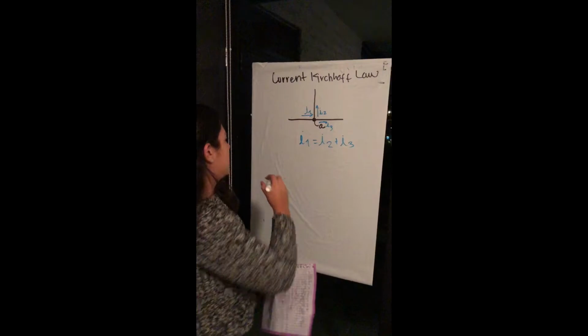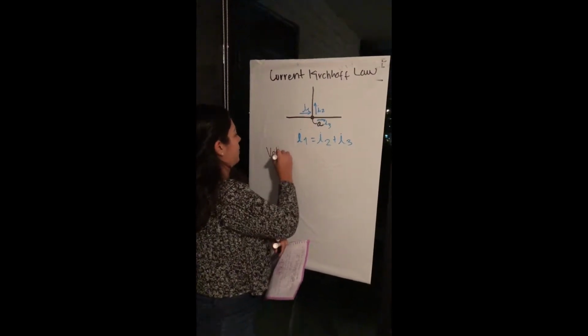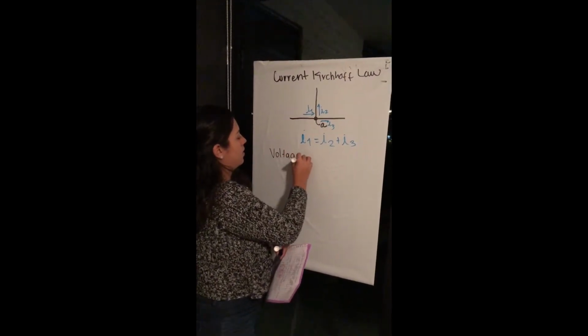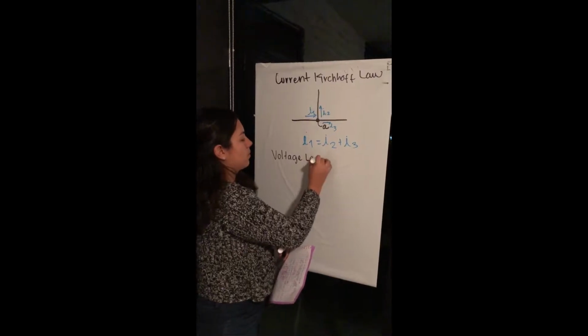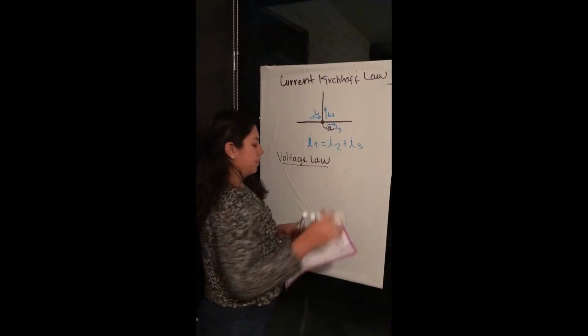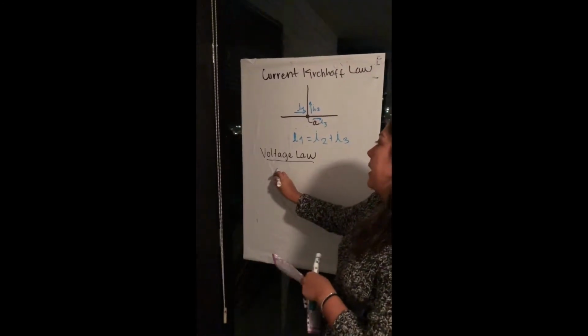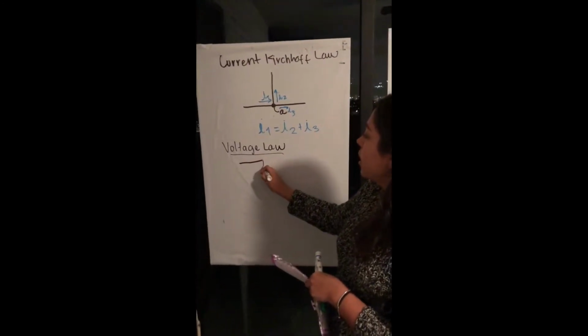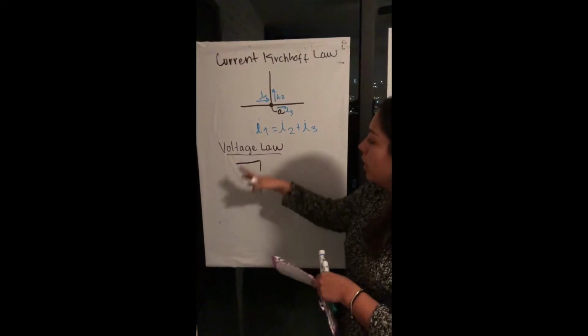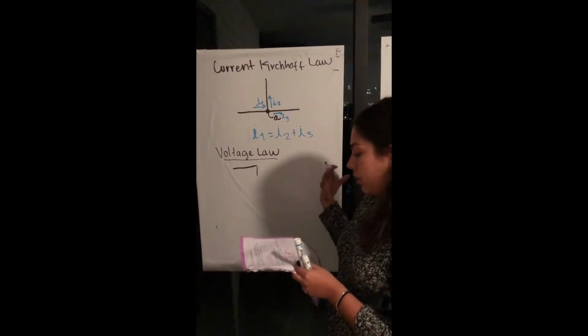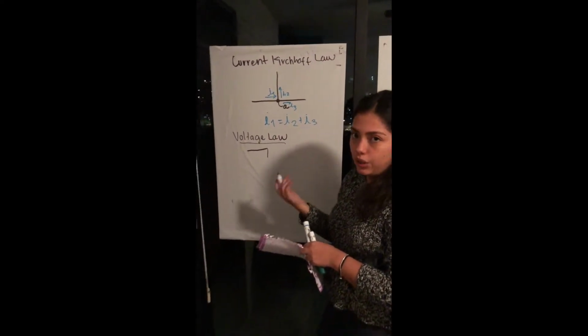The next law we're going to see is the voltage law, Kirchhoff's law. In this law, Kirchhoff establishes that the sum of the voltages occurring in the mesh must be equal to 0.